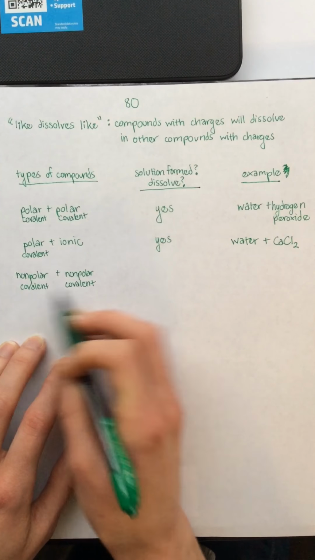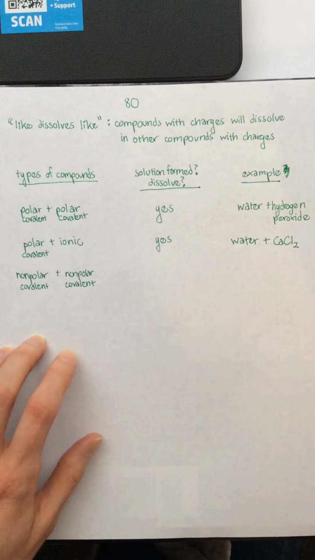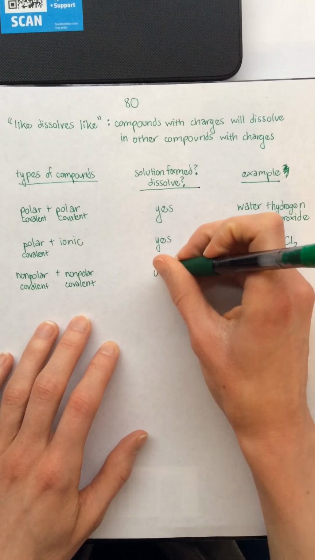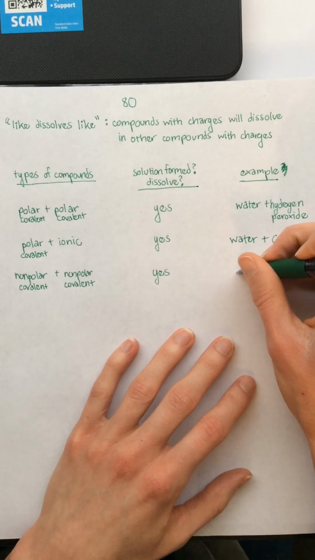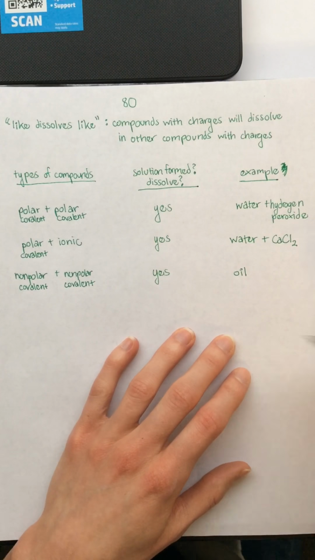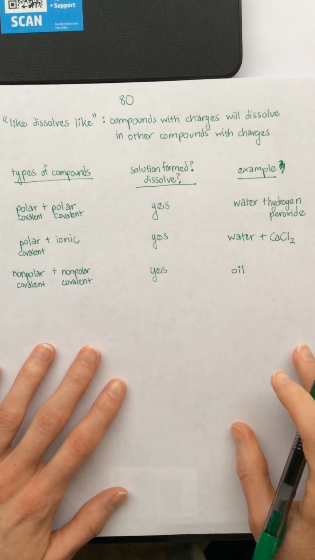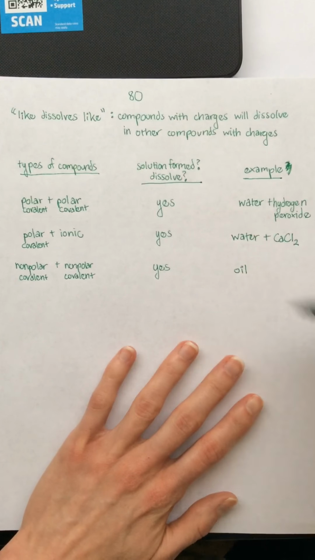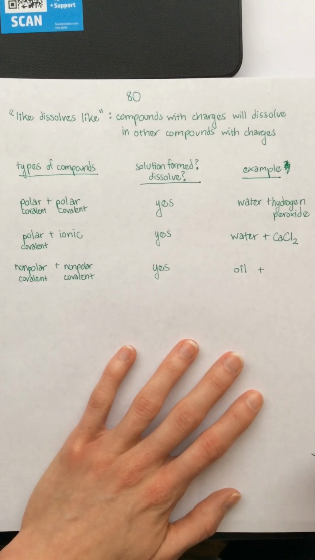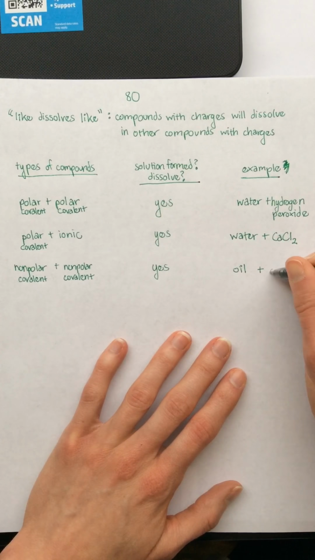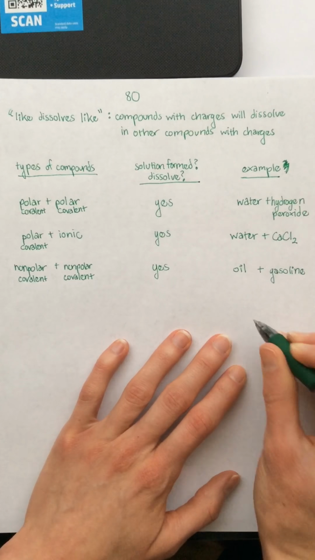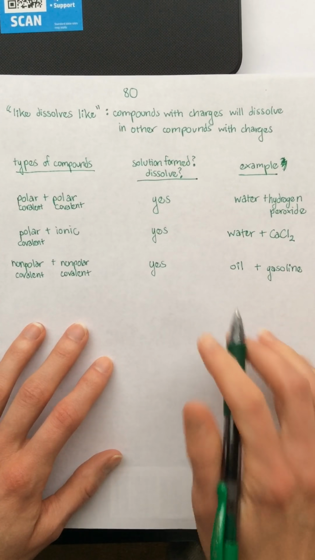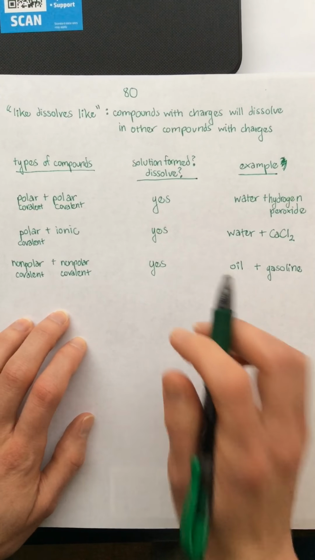Okay, neither of those have charges. That means that they are going to dissolve each other. They are similar. These types of compounds are alike. So an example of that would be maybe oil, which is a common non-polar compound that we talk about, and another non-polar compound is gasoline. I don't want any of you to go trying to mix oil and gasoline. That's probably not a good idea, but they would dissolve in each other if you mix them.